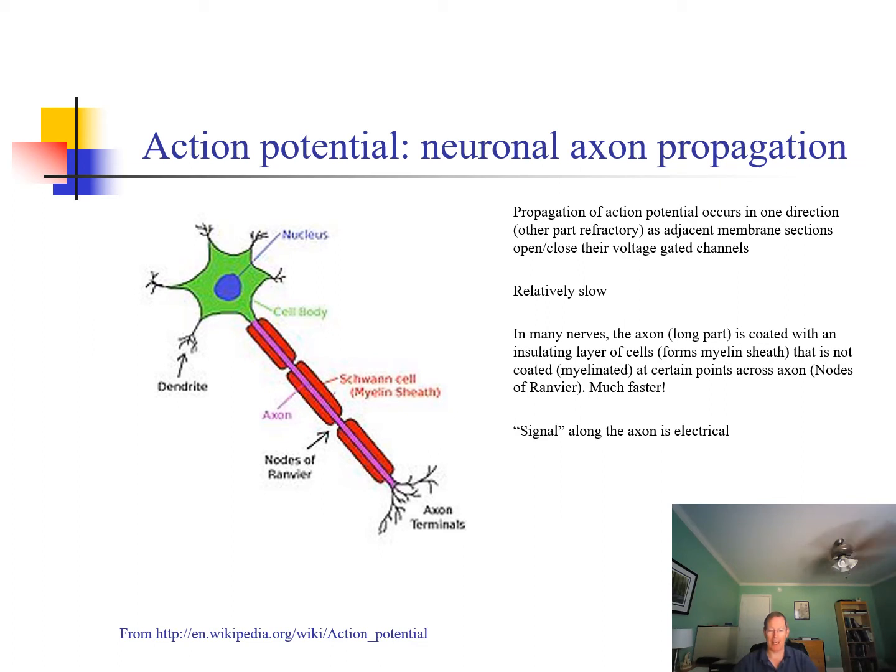And what that does is make it so that the transmission of signal along that axon is occurring at those nodes, much like thinking about the electric field emanating from those nodes and transmitting the signal in that fashion. And by doing that, it allows for very rapid conduction.